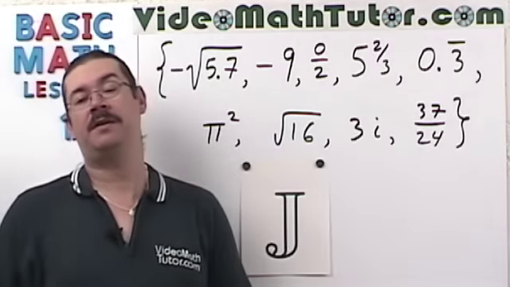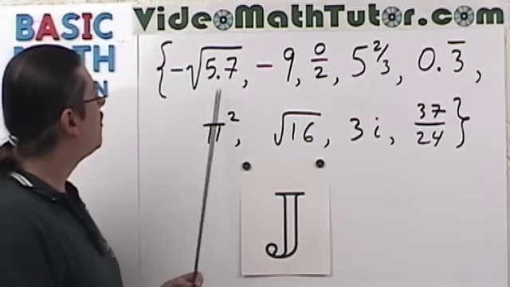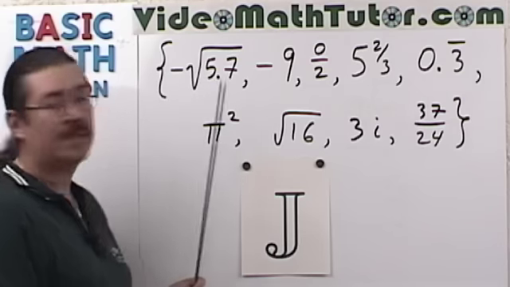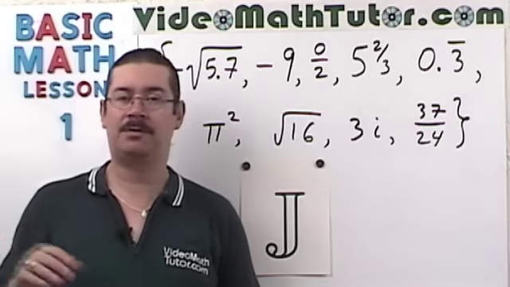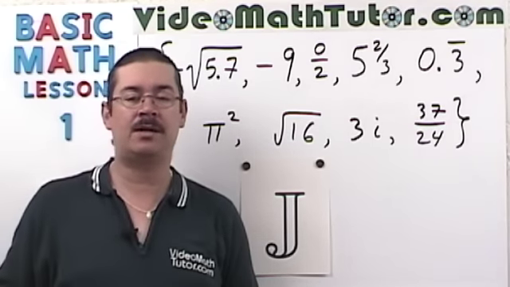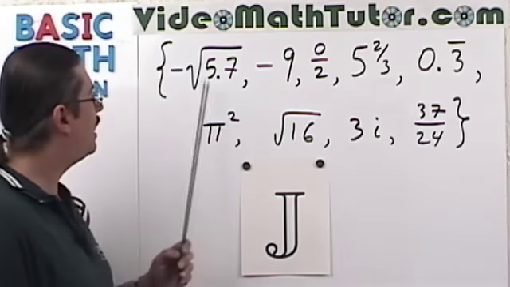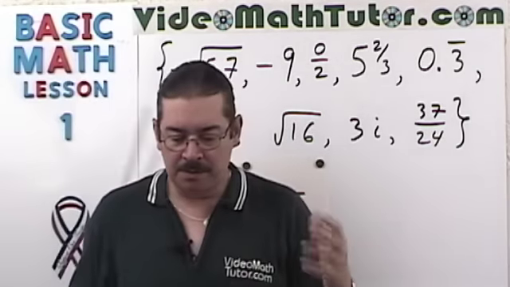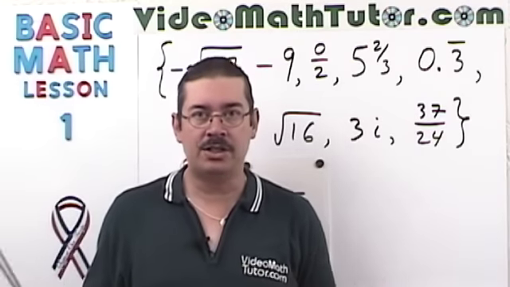Now let's see which one of these are irrational. Negative square root of 5.7 is irrational. In fact, try punching the calculator. You get some decimals, really weird numbers mixed along there. It's irrational. And some of you might go, well, wait a minute. You said earlier that square roots of negative numbers are not irrational. They're imaginary.